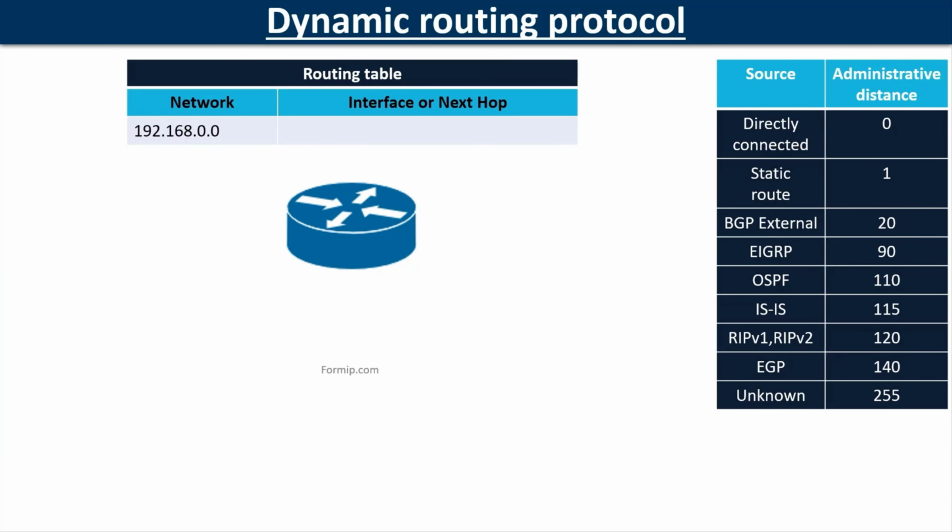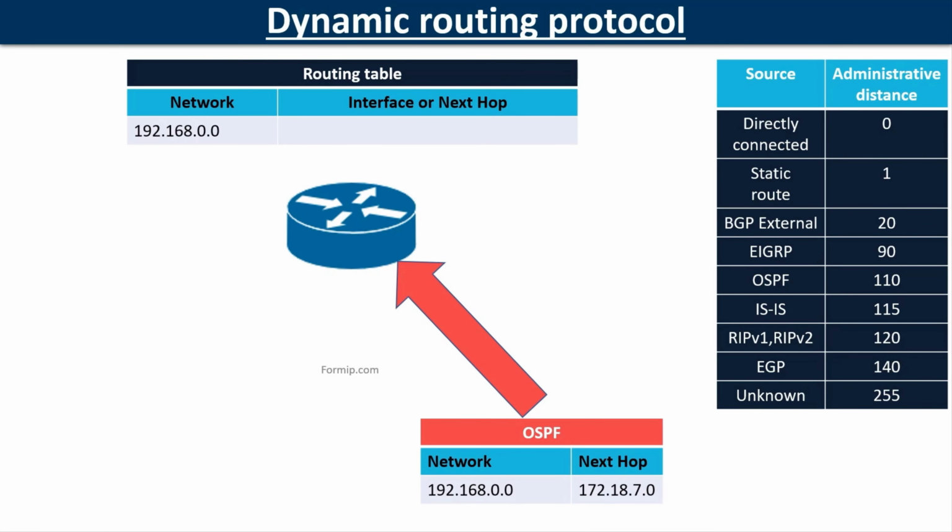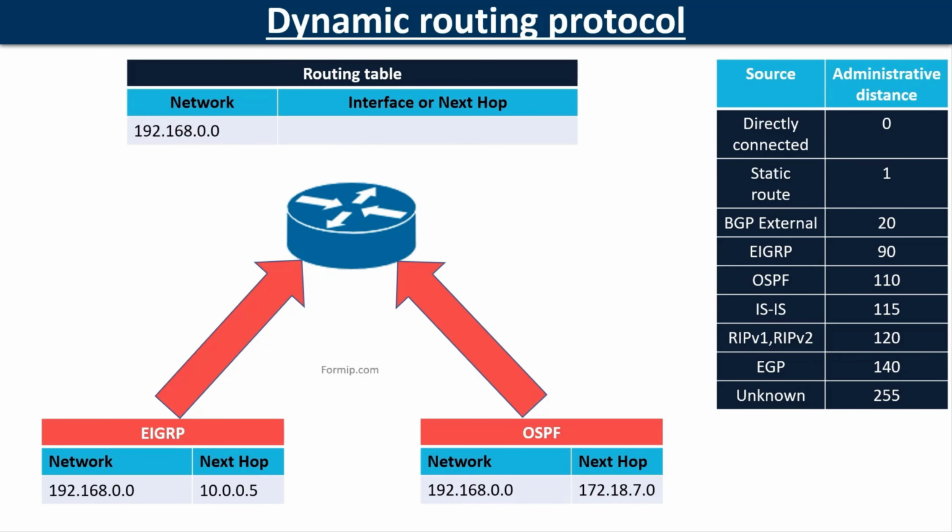Let's see an example. Here, the router receives two routing updates, a message from OSPF and another from EIGRP. The metric used by EIGRP has determined that the best path to the 192.168.0.0 network is through IP 10.0.0.5.